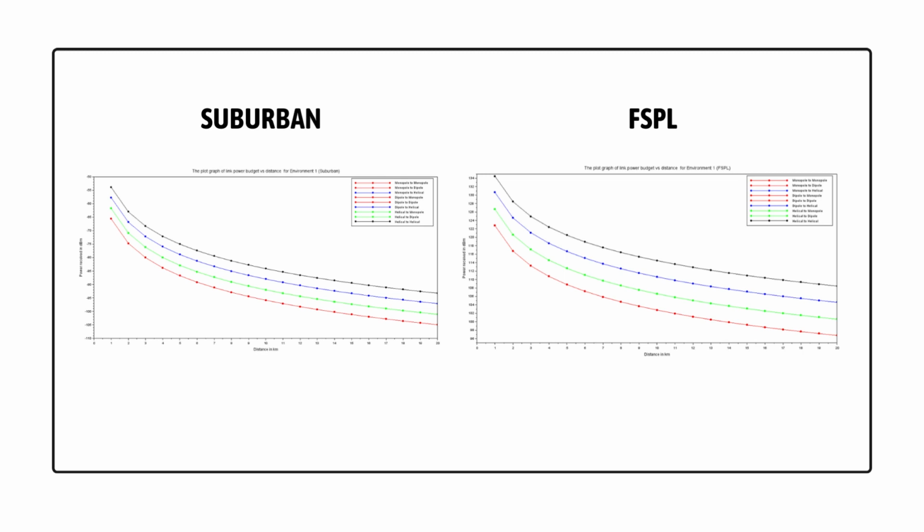The path loss graph for suburban environments shows a moderate increase with distance, indicating that the signal power attenuates at a slower rate than in urban environments. This suggests that suburban areas are more suitable for medium-range communication compared to urban centers.